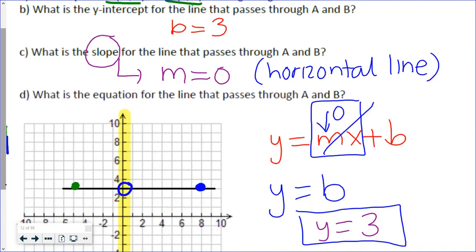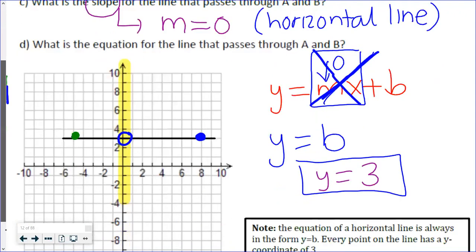Okay, so when I'm plugging this into the equation, remember it's y is equal to mx plus b. So if my slope is equal to 0, 0 times x is equal to 0. This completely disappears. All I'm left with is my b, which is my y-intercept.